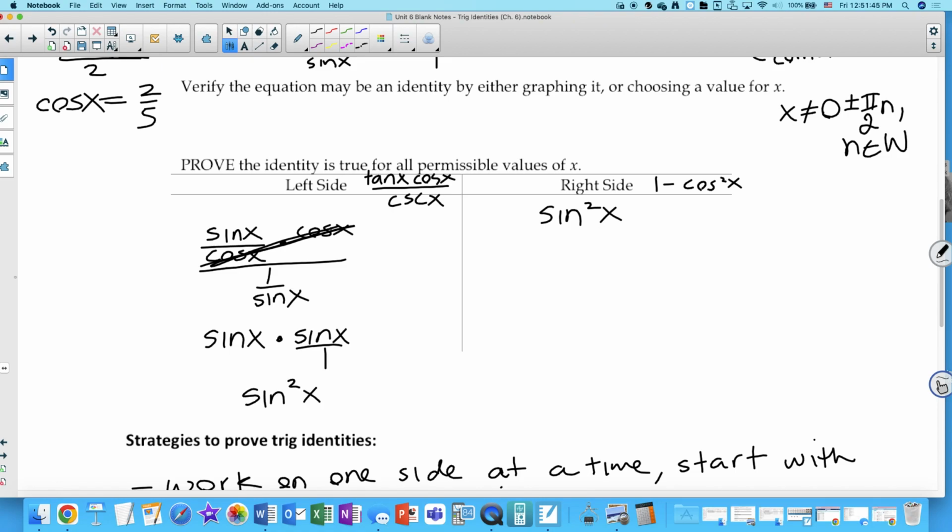So now we're at a stage where the left side equals the right side. Okay. Now, there's multiple ways to do this. I could have also completely just left this alone and then gotten down to the sine squared x, replaced the sine squared x on the left with 1 minus cos squared x. I've just proven the same thing. Right? Okay. Let's try another one.